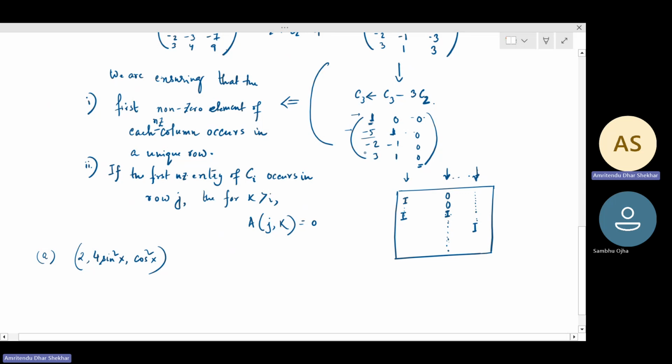The second condition is that if you have a particular column, and you look at the row in which its first non-zero element occurs, then for all the columns that follow that column, that particular row must be zeroed out. So let's say for this column, I see my first non-zero element in row 1.